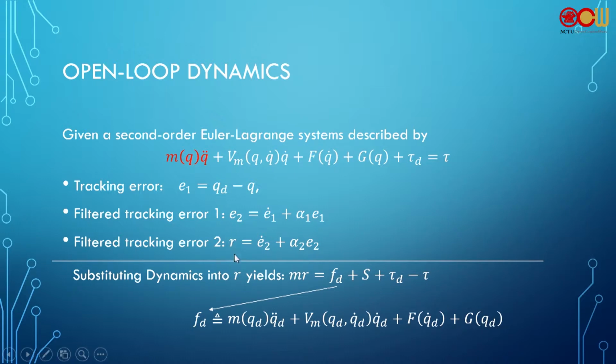And by using this r function, the open loop dynamics can be rewritten in this form. And fd is this function along the desired trajectories, along the desired qd, so that the mismatch between f and fd will be included in S.